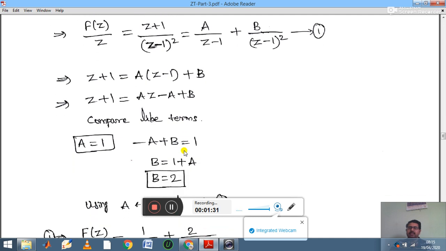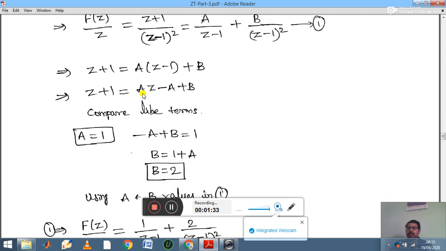Comparing like terms, here the coefficient of z is A, and here the coefficient of z is 1, therefore A value is 1. And here the constant terms: minus A plus B is equal to 1, here the constant term is 1, therefore if you use the A value here, you are getting B value directly, B value is 2. A value is 1 and B value is 2.